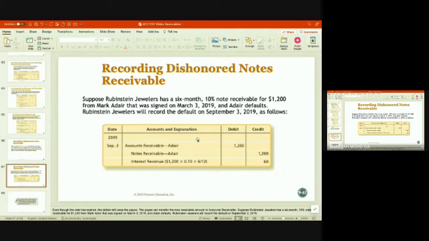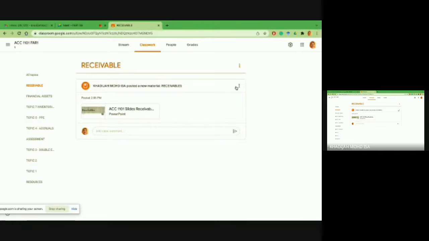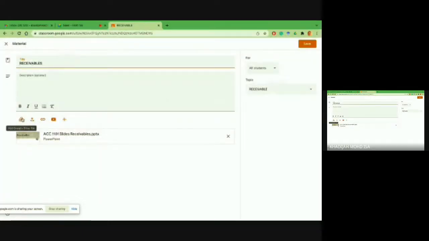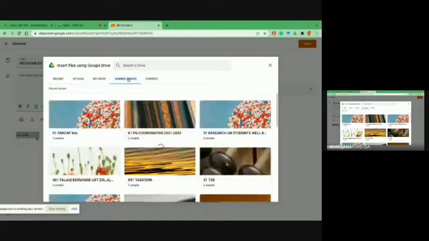All right, I will add on to the classwork. We are going to have your group exercise on receivable. But I will make sure that we only have the group exercise after we do the tutorial.